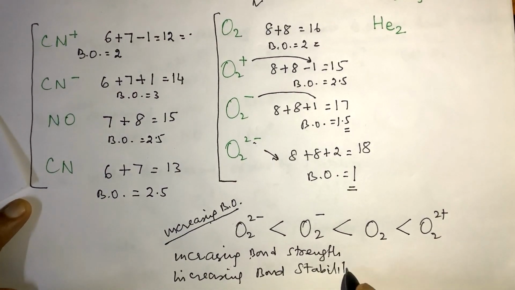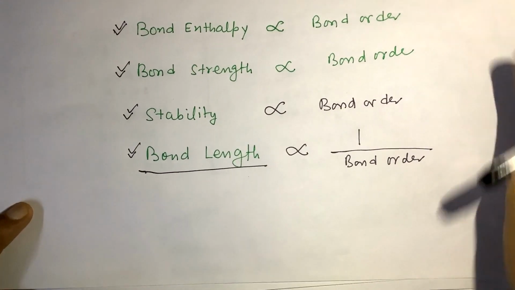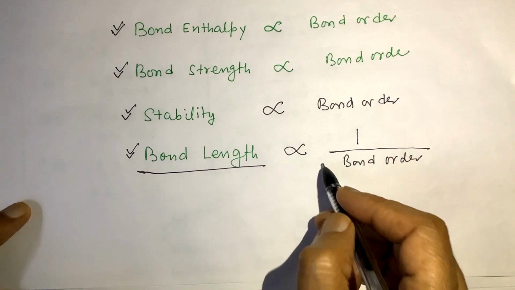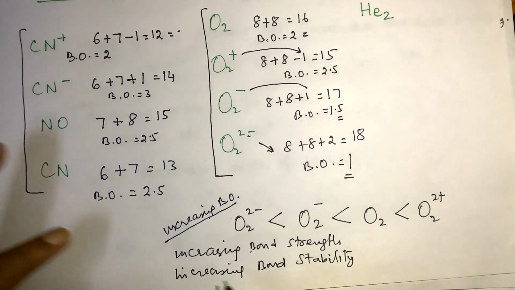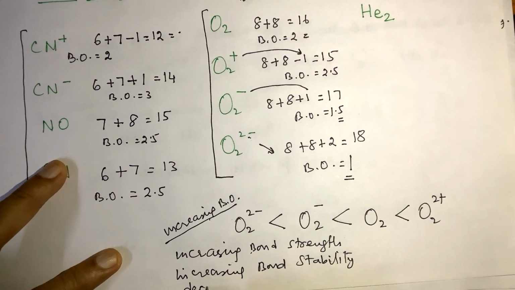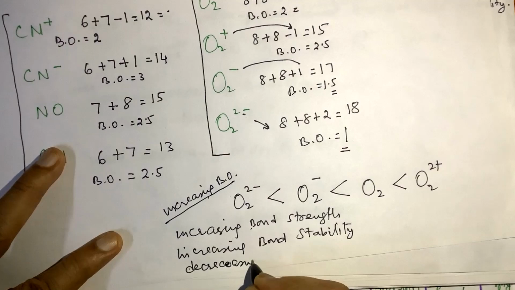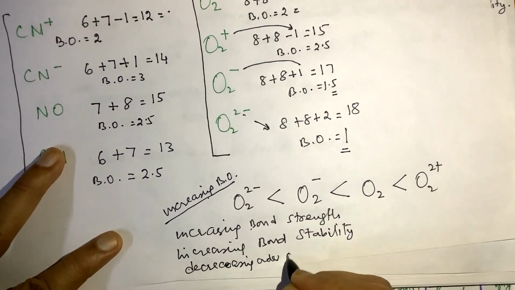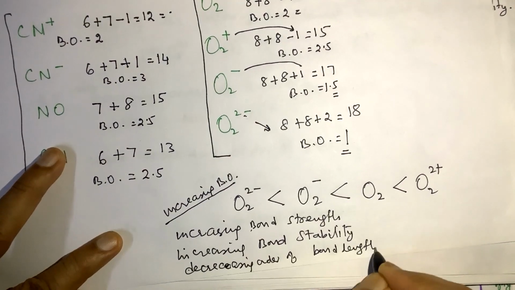But bond length is inversely proportional to bond order. Then we say that this is the decreasing order of bond length.